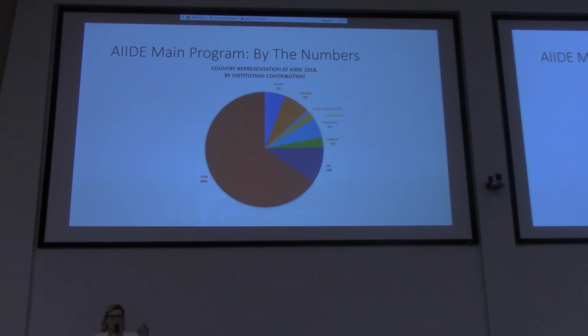But if it's a paper for multiple institutions, then those institutions double count. So by that metric, 65% of our papers are coming from the United States, 10% from the UK, 6% from Brazil, 7% from Canada, 2% from the Czech Republic, 1% from Sweden, 6% from Germany, and 3% from Iceland.